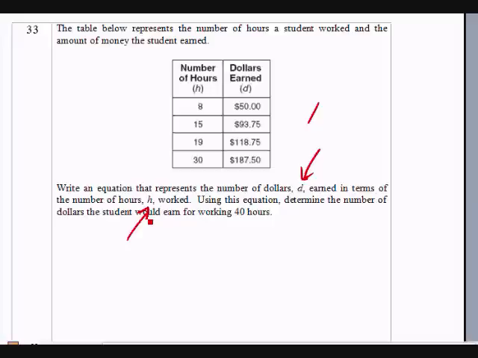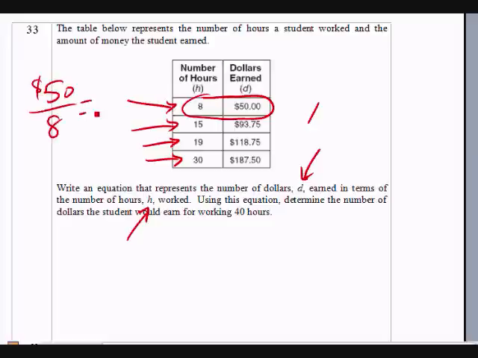Well, let's find out how much the student gets paid per hour. We can work with any of these and get the amount. Let's just pick the first one. If a student works 8 hours and gets paid $50, how much does the student get paid per hour? $50 divided by 8 will give you $6.25.